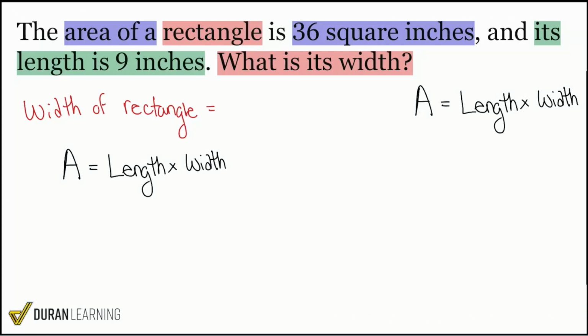Everybody, again, this is how straightforward it can be. Everybody, what is the area that they told us in the problem? Yeah, the area, we see it right here. The area of a rectangle is 36 square inches. So I'm going to take that at face value, 36 for the area. Next up, we are given the what again, everybody? We're given the length. What's the value for the length?